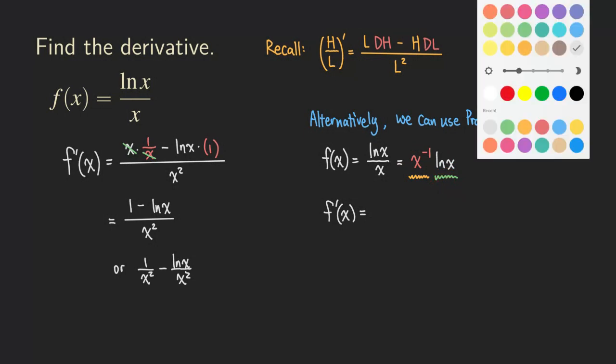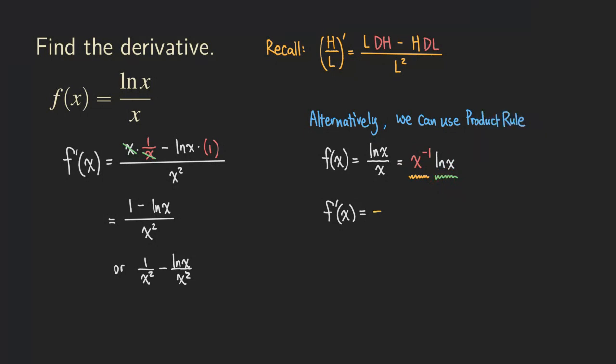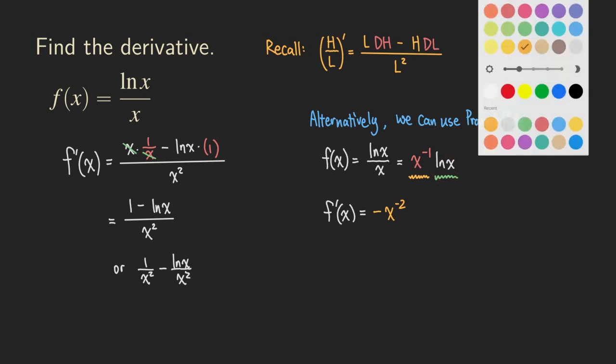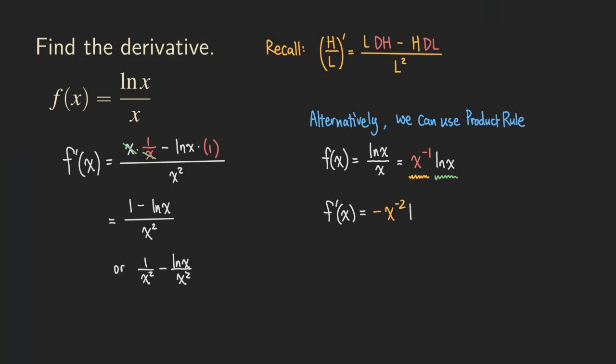So we are going to be getting negative x to the negative second power because we're going to bring this negative 1 to the front, and then we got to subtract 1 from it, so we get x to the negative second power, and we do not touch the second function, so we just copy that here, and then now plus.